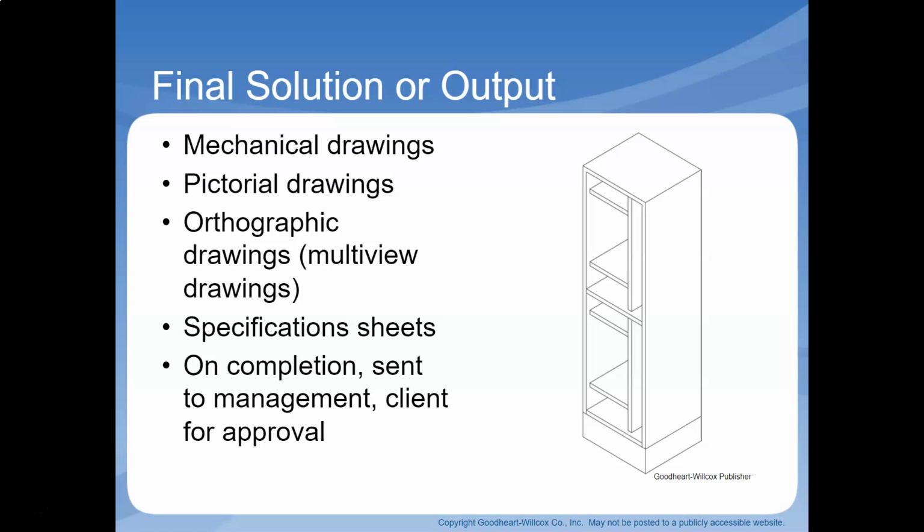So the final solution is the mechanical drawings, the spec sheets for the manufacturers, and that's what you actually send to management to sign off on, and to the client to sign off on and say, okay, here's what we like, this is what we're going to use to go into production.